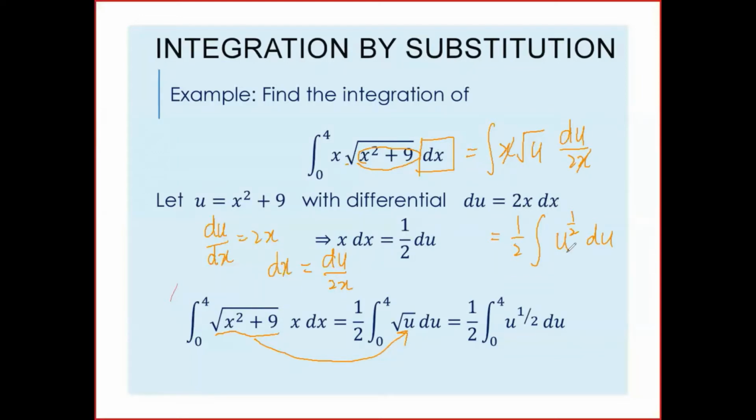Now if we have the definite integration, meaning that we have values here, my suggestion to you is you first integrate. So this one, if we integrate, what do we have?